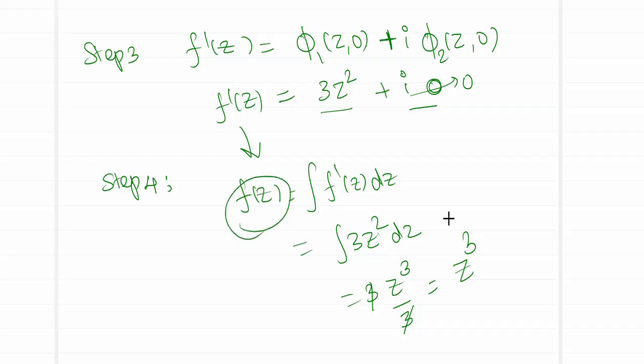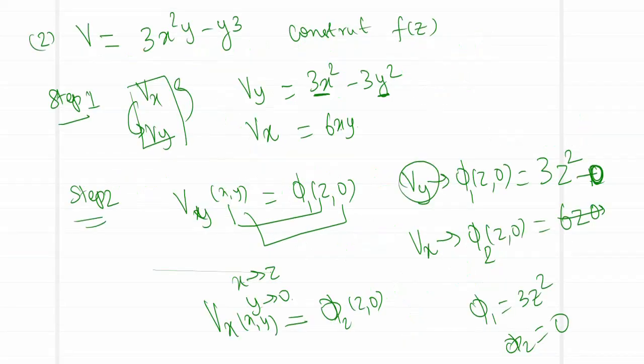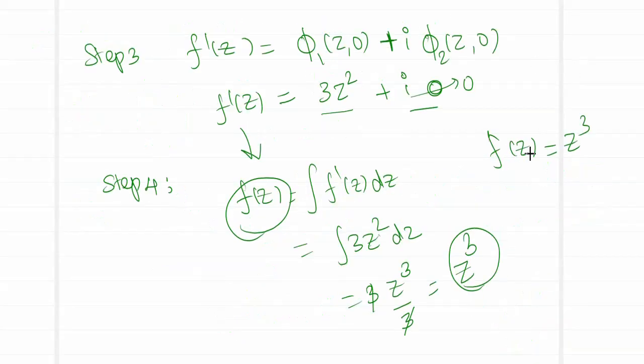Therefore, my required f of z is z cube. So the analytic function which has v, 3x square y minus y cube, as its imaginary part is nothing but f of z equal to z cube.